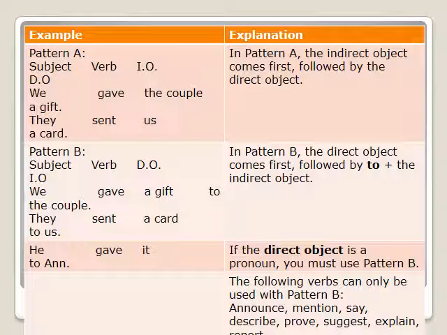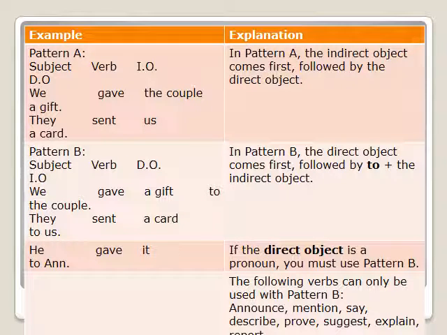Now, the important thing about this is that for a majority of verbs we can use both patterns, but for the 8 verbs that are listed down there, we can only use pattern B. So the 8 verbs that we have to use pattern B for are announce, mention, say, describe, prove, suggest, explain, and report. So with those ones, we cannot use pattern A. We can only use pattern B.